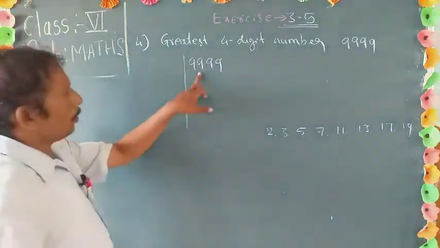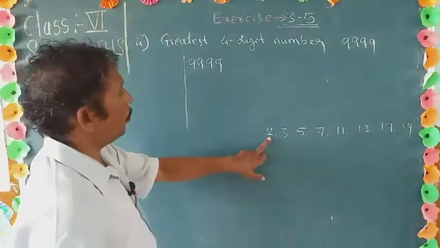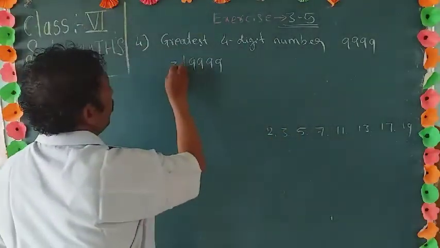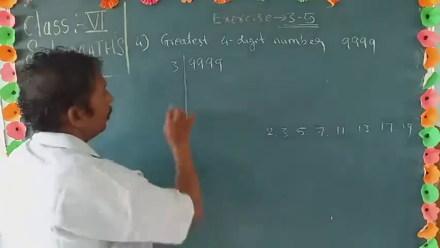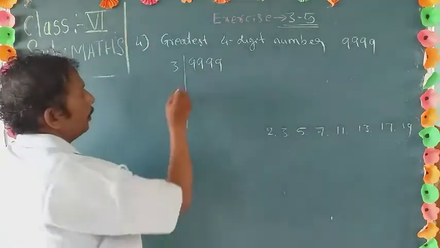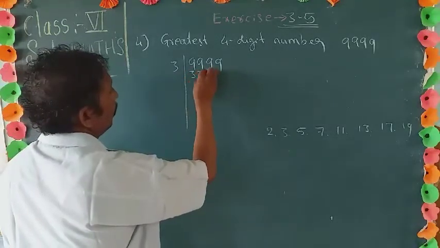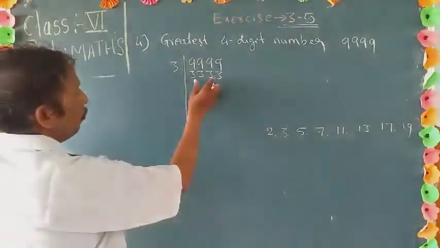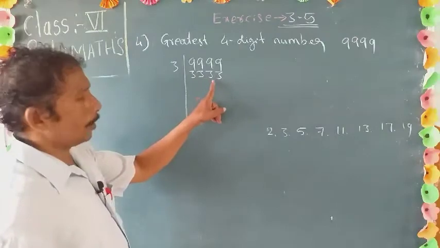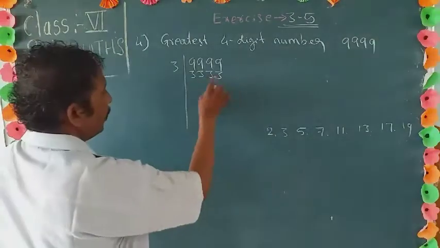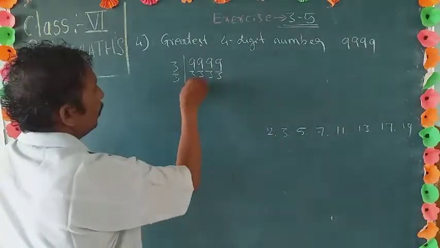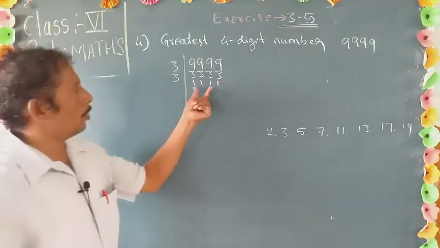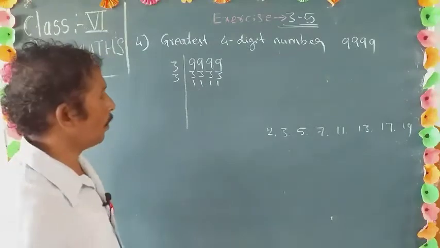The number 9999 is not divisible by 2. Next, take 3. We can divide the number 9999 by 3. 3 3s are 9, and so on. Now we obtain the number 3333. Divide this number once again by 3. Now we obtain the number 1111.